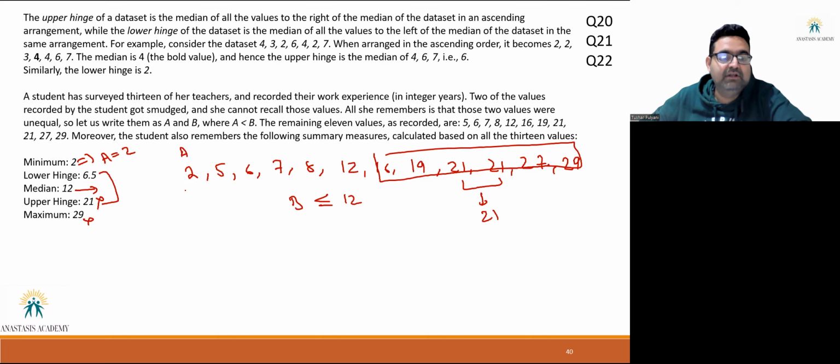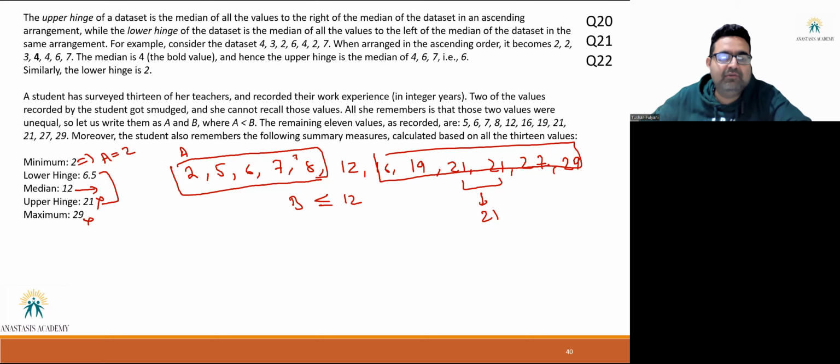But lower hinge does. Lower hinge says that 6 and 7 have to fall in the middle. So that means my B cannot go above 8, because lower hinge will have these 6 values, I mean, these 5 values and B. So if 6 and 7 have to fall in the middle, then B has to be either 8 or above, or at best it can be 7.